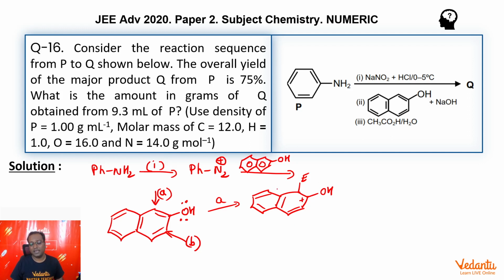As you can see, the second ring is still a benzenoid type structure. Even if I resonate this positive charge once, even twice, it still remains a benzenoid structure.